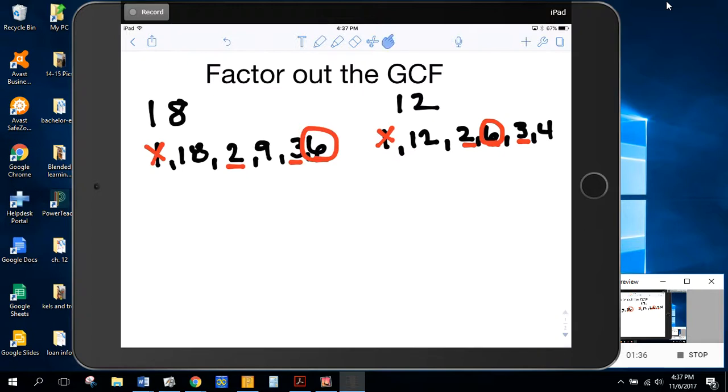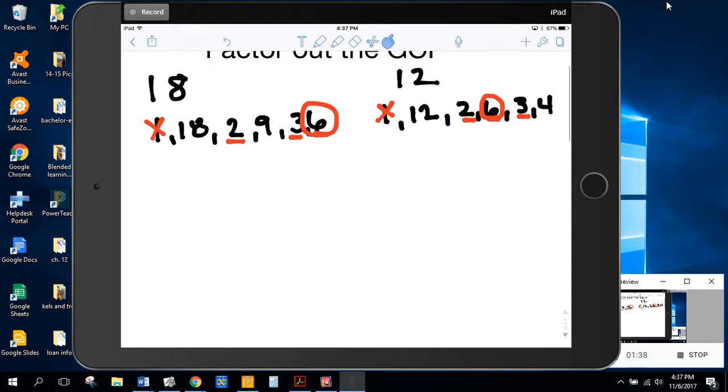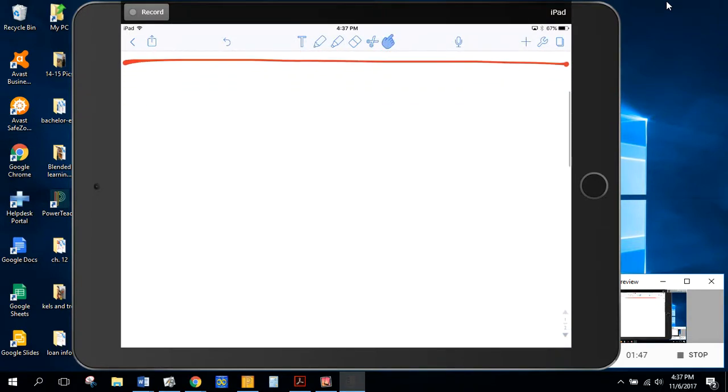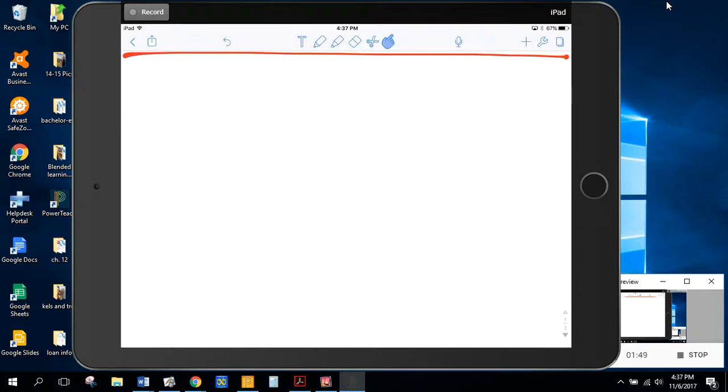And we're going to look at how we can use the greatest common factor right now in 7th grade. It feels like a 6th grade thing, but nope, we can use it in 7th grade. Factoring out is kind of like the opposite of the distributive property, guys. We're going to take a simplified expression like 3x plus 12 and go backwards, taking it back to the non-simplified version, which looks like a distributive property.